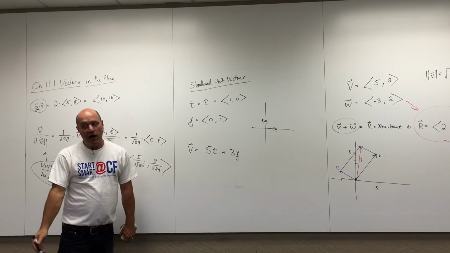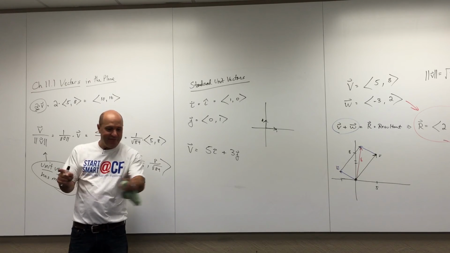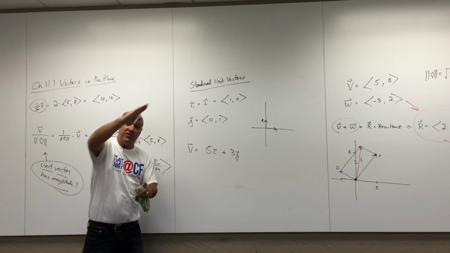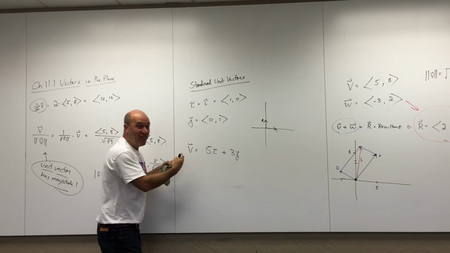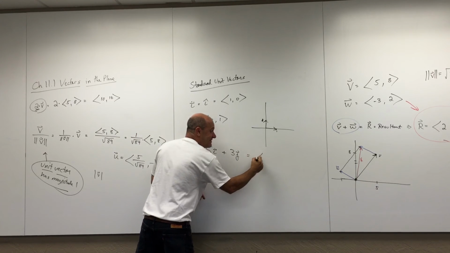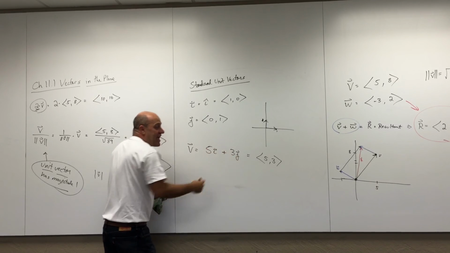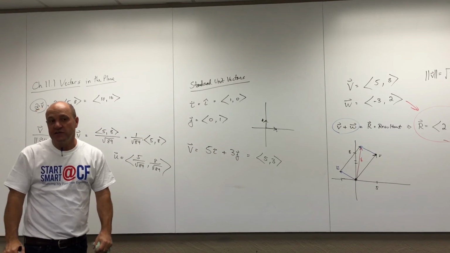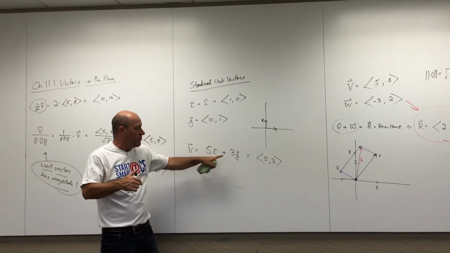But I'm here to tell you, all it is is 5 of those and 3 of those added together will be the resultant. I mean, this i and j are kind of just placeholders. It's just another way of talking about vectors. And our book uses it, but to me, it's just a little bit more writing.